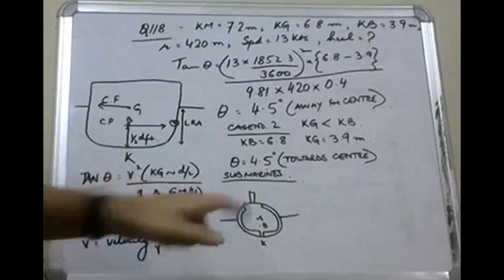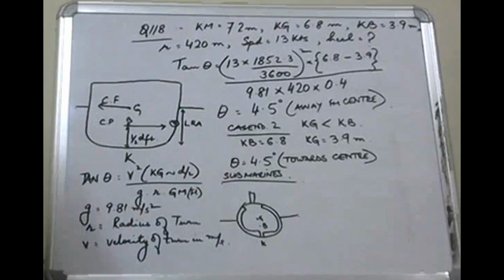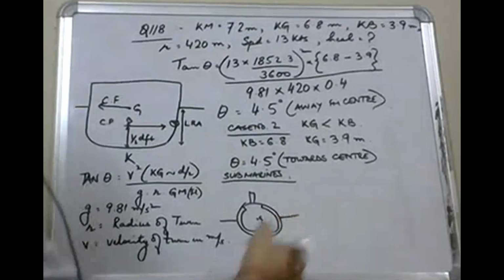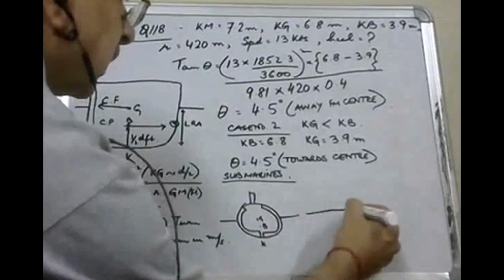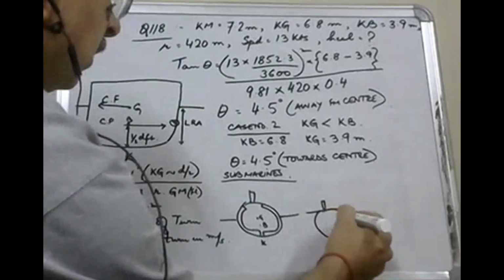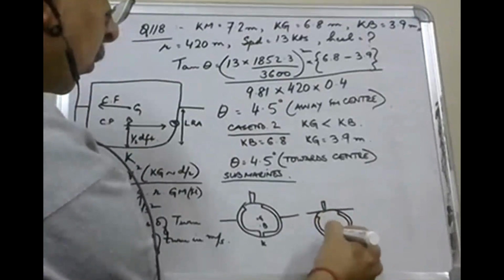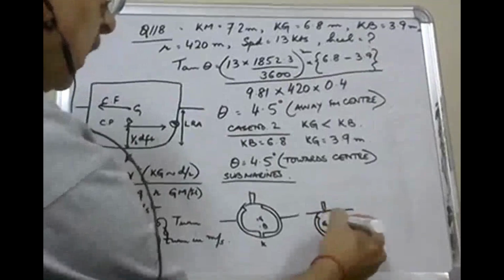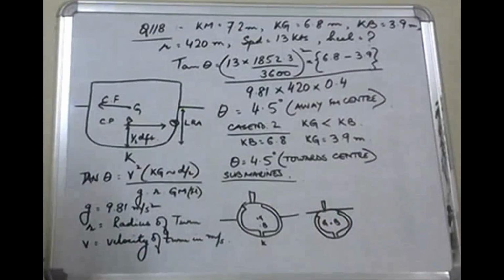So she is behaving like a merchant ship. Now she wants to go underwater. So she'll start filling the water in the ballast tanks. When she starts filling the water in the ballast tanks, she will become like this. Her G and B will coincide and she'll be submerged like this.